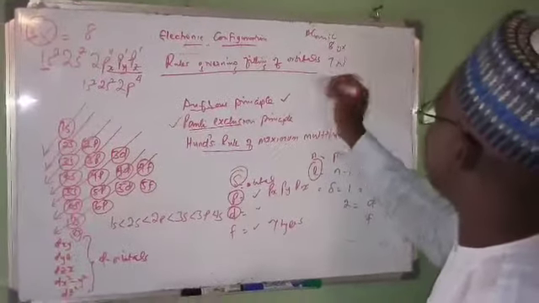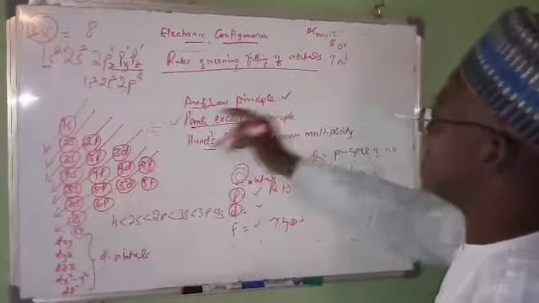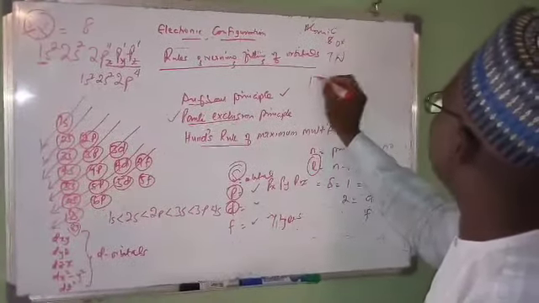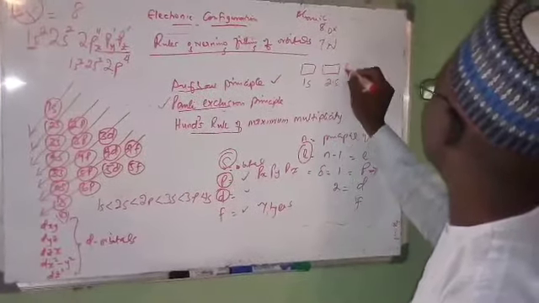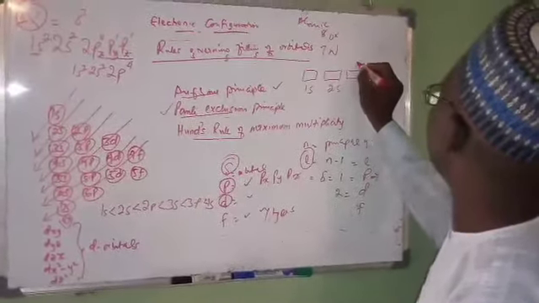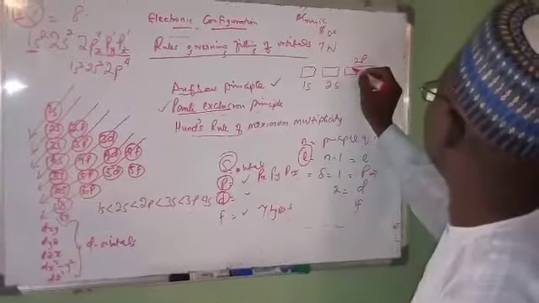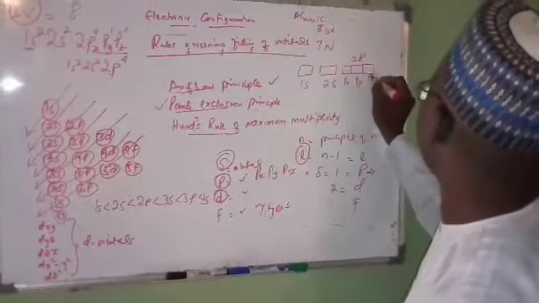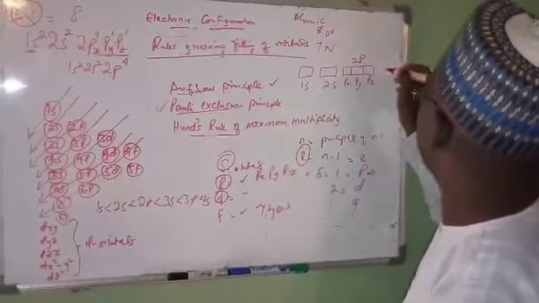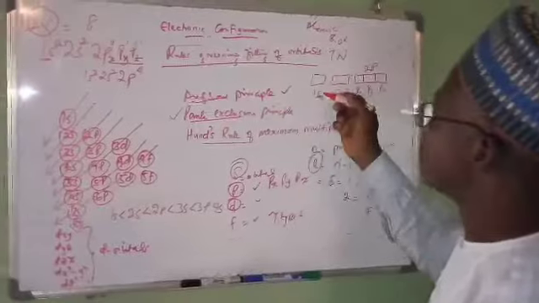We can also use boxes to represent the orbitals. Assuming this is the 1s orbital, this is the 2s orbital, and we have the 2p orbitals, that is px, py, and pz. Now let us see how we are going to fill it in.